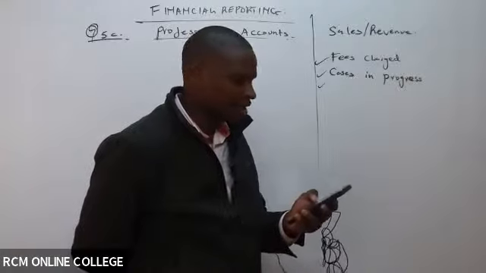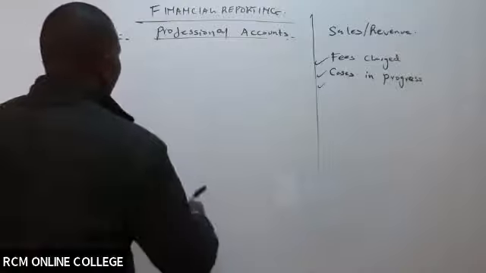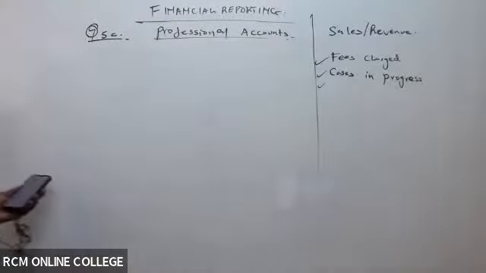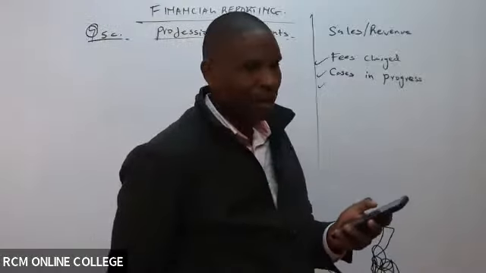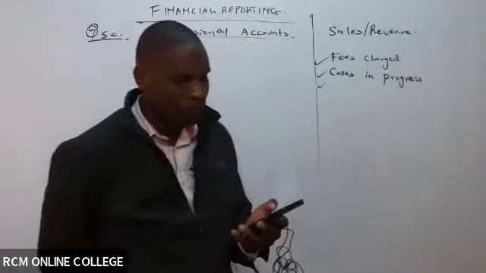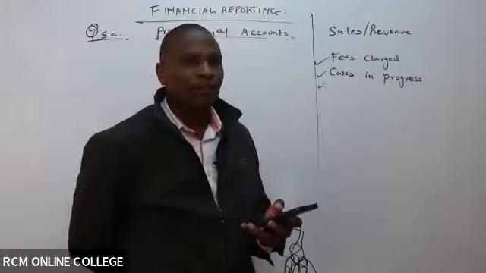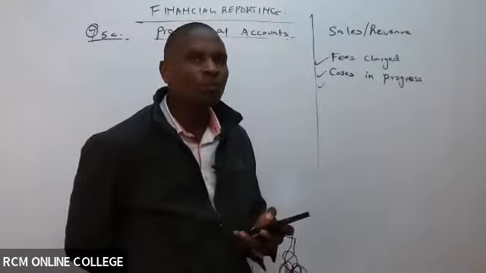From that trial balance there are some things we can deduce, like cash at bank, client's account, and cash at bank, office account. Cash is a current asset, therefore those items will go to the balance sheet.